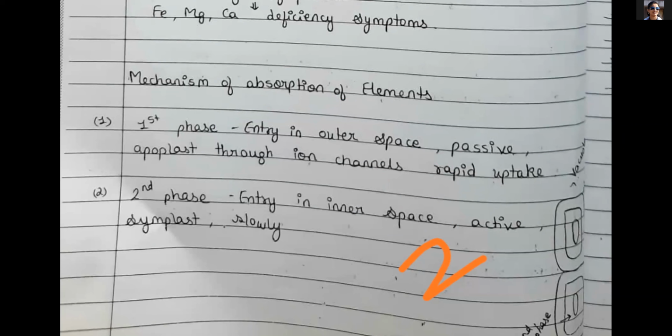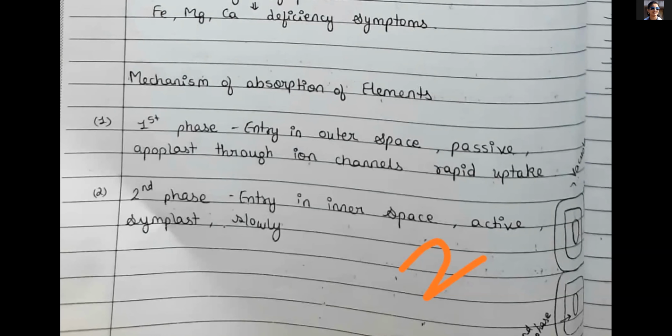In the first phase, there is rapid uptake of ions into this outer space of the cell. Here, apoplast is there, water movement, right? With this water, some amount of element enters, and we call it a passive process.